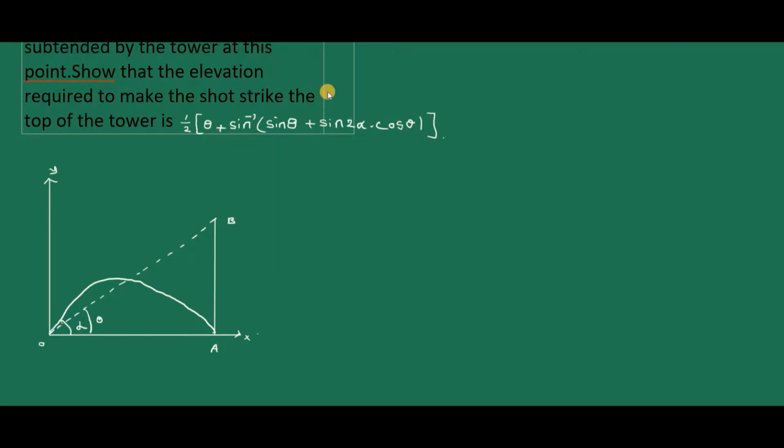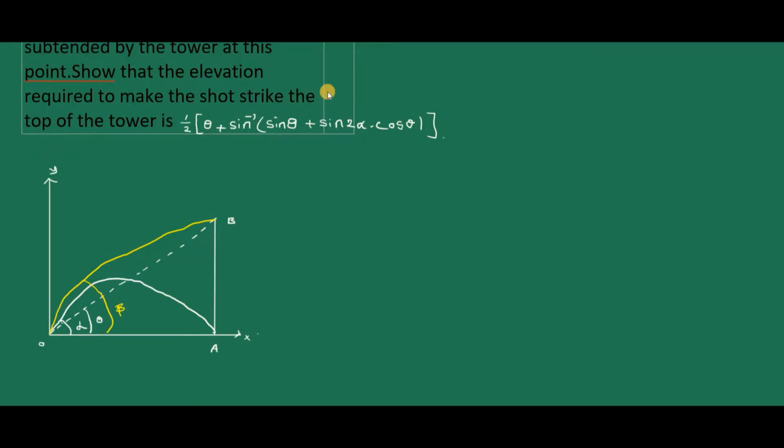Now we have to show the elevation required to make the shot strike the top of the tower. So we have to find the elevation of the shot which strikes the top of the tower, and let us say this angle is equal to beta.